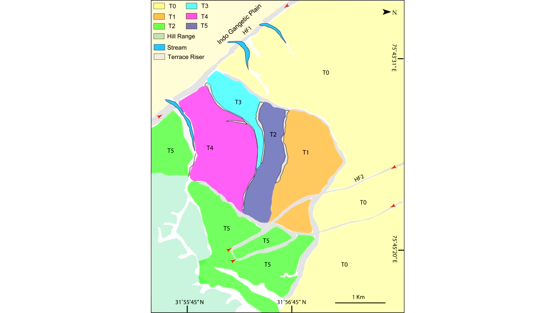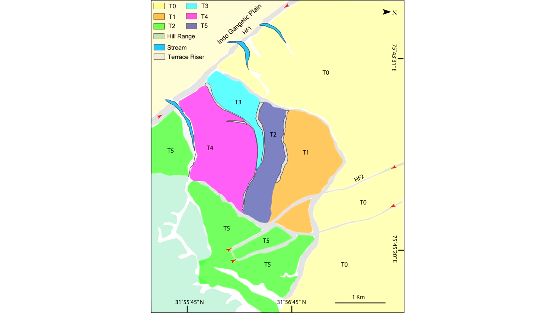So older landforms, then younger landforms, and all that. If those landforms, older as well as younger, are displaced, then you will easily be able to conclude or infer that this fault has remained active since long. So that is one advantage.